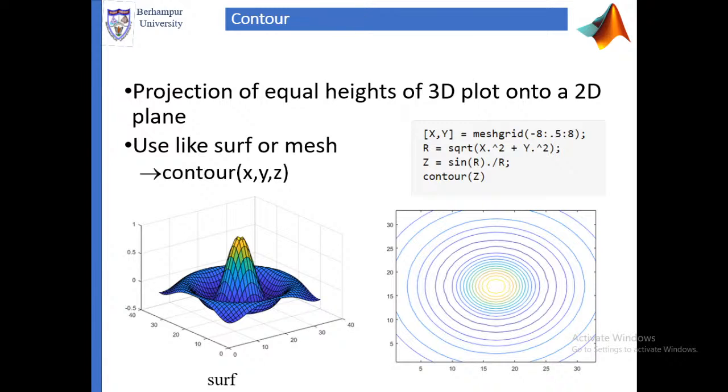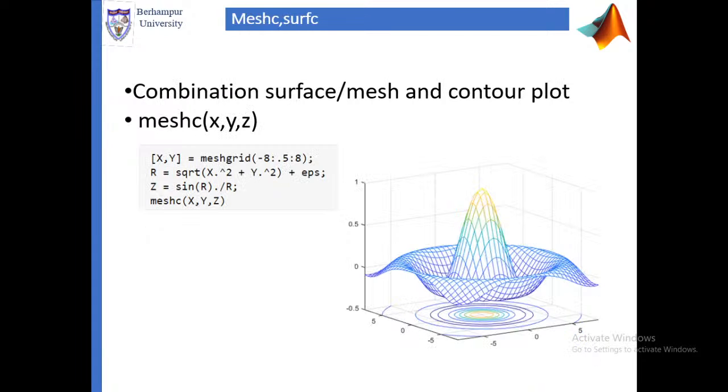Now can we have a contour and a mesh simultaneously, or a contour and surf simultaneously? The answer is yes. You can have a surf or a mesh, and there you can also have the contour. The command for that is meshc or surfc.